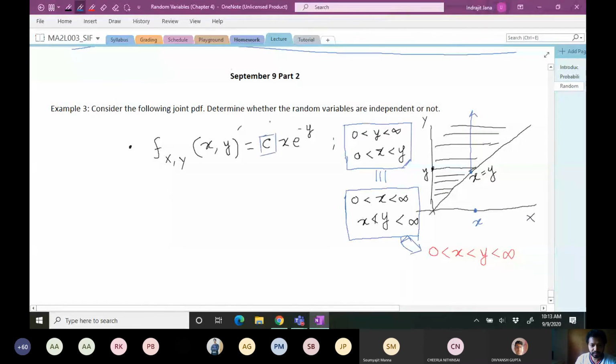How do you figure out this c? We have seen an example in the one-dimensional case; there is no difference there.